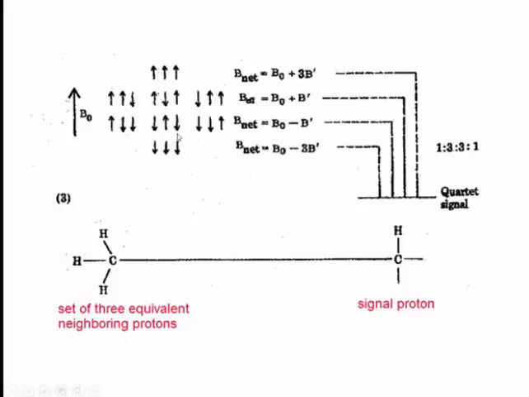If you count them all up, that's going to become 4 different local magnetic fields. 1, 2, 3, 4. So our single proton feels 4 different local fields, and it's going to create then 4 different signals, or a quartet.